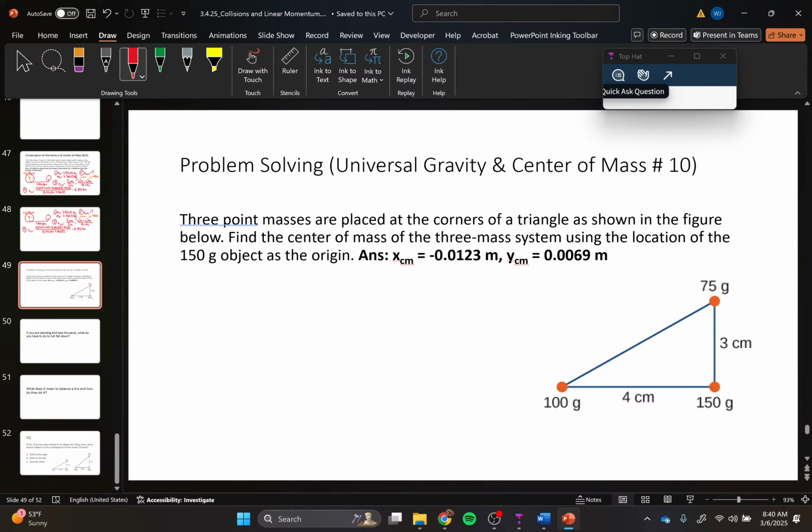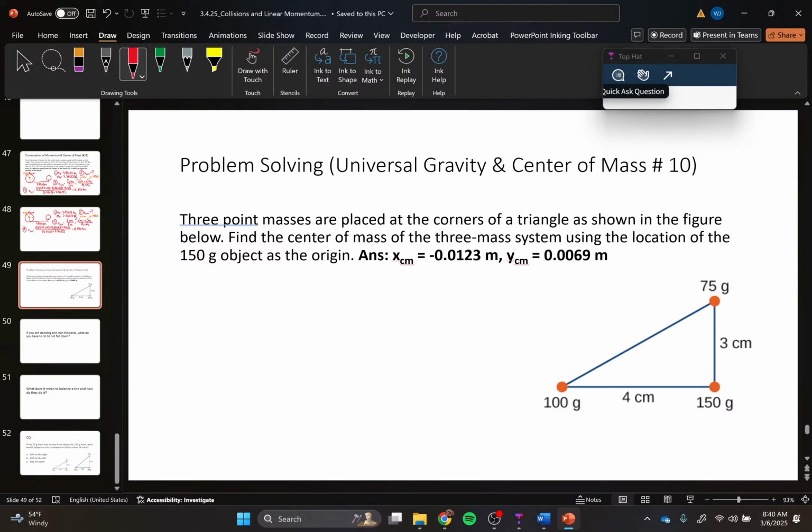Okay, you still want to do all three objects? So this one, x coordinate, this one, x coordinate, this one, x coordinate. All three of them. What is the x coordinate of this one? 0. Yeah, okay.